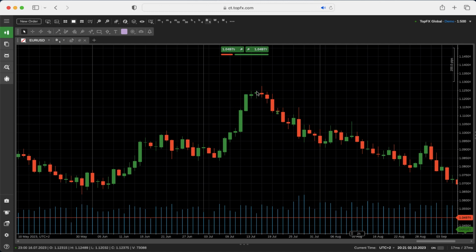This looks kind of doji-ish, but this one is a shooting star pin bar. It's a red candle, which means it's a down candle where the open is above the close, or the close is below the open. The body is very, very small. We have a big wick, way bigger than the body of the candle, and a short down wick.